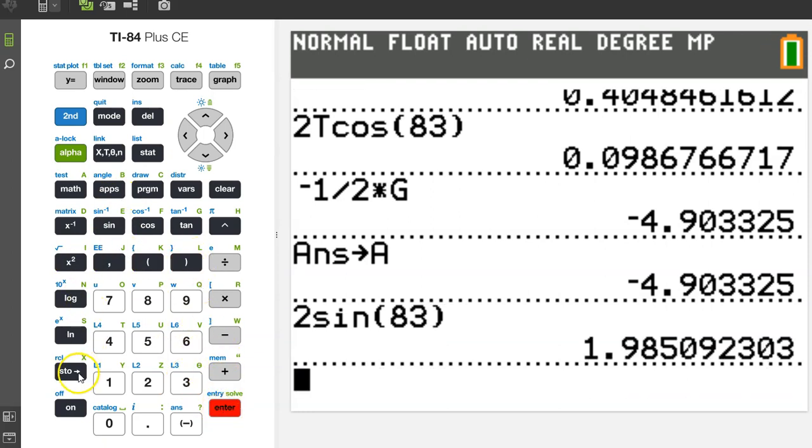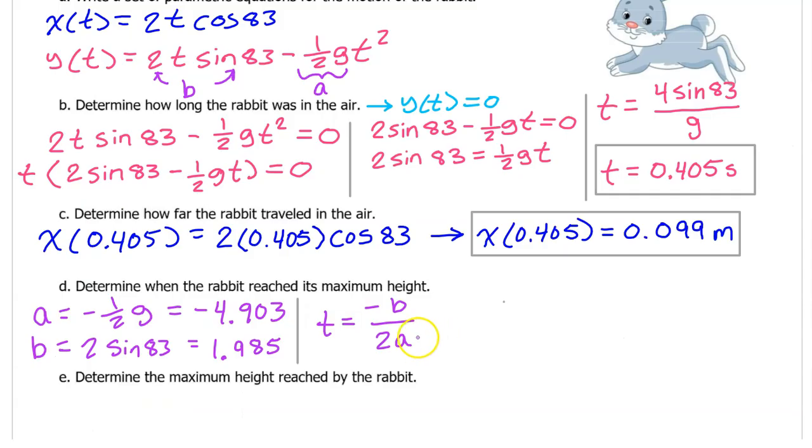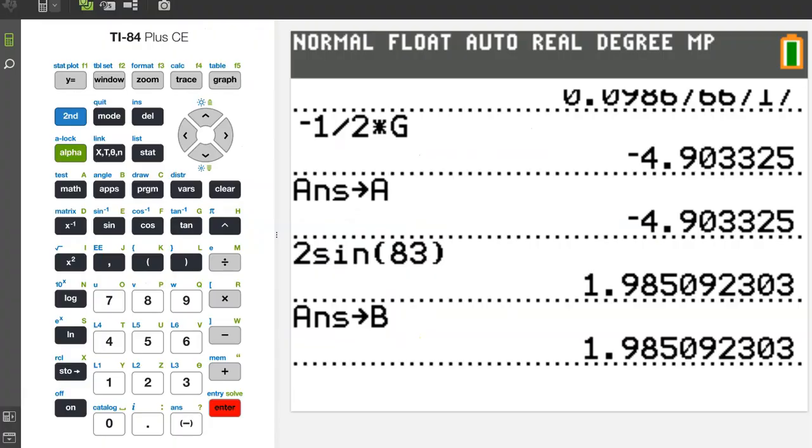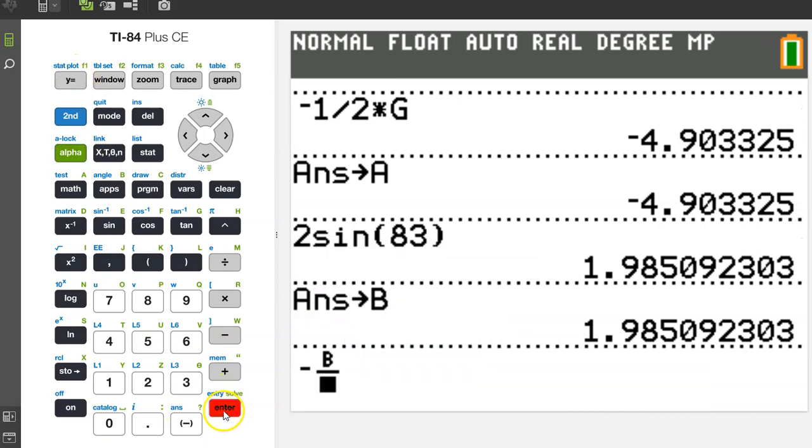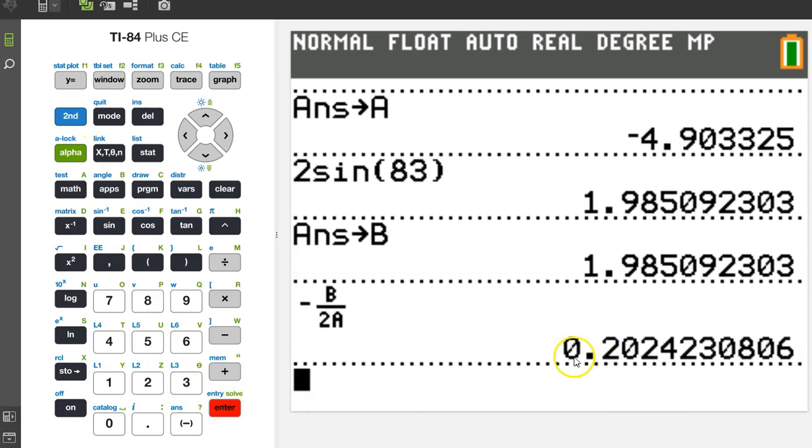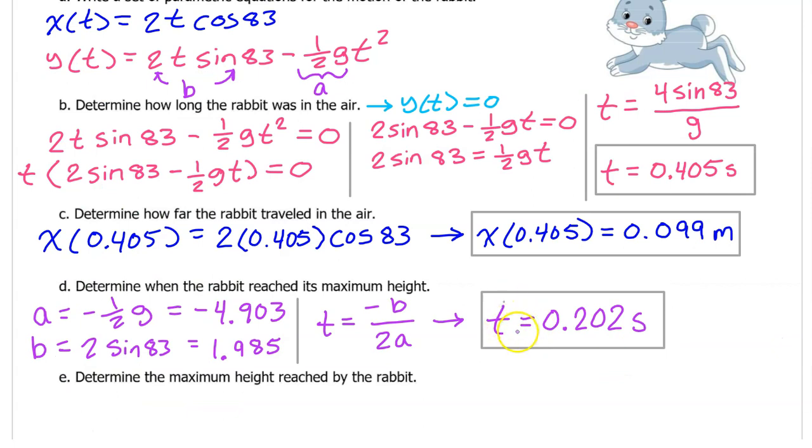And let's immediately store this into letter B. The vertex and thus the maximum height will occur when t equals opposite of b over 2a. So back to the calculator, opposite of b over 2a. 0.202. So the maximum height will occur at t equals 0.202 seconds.